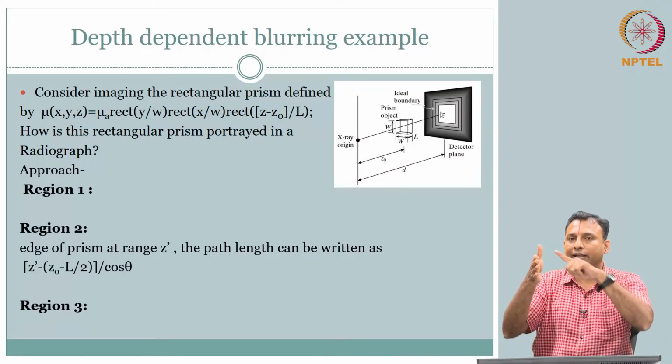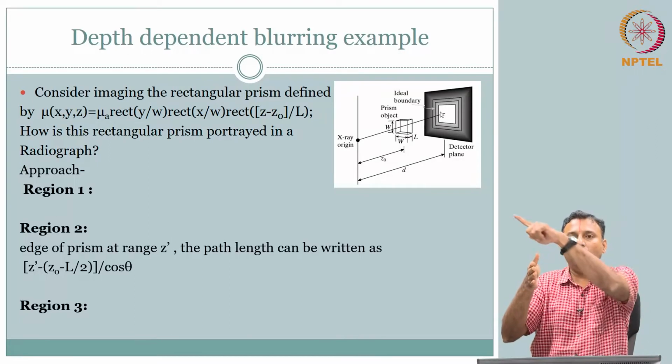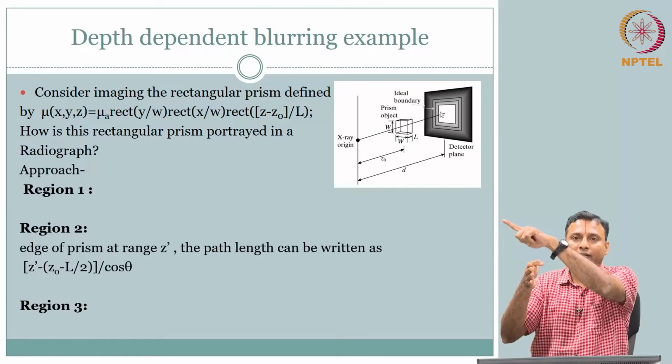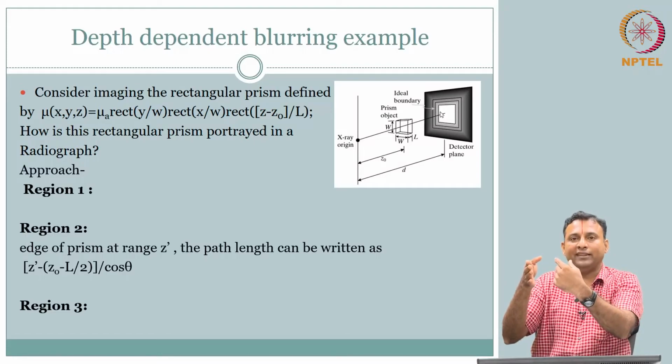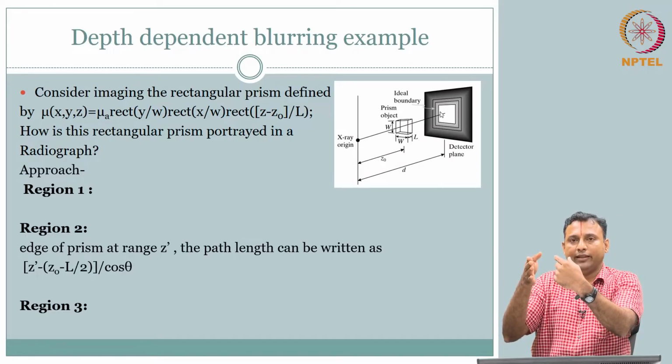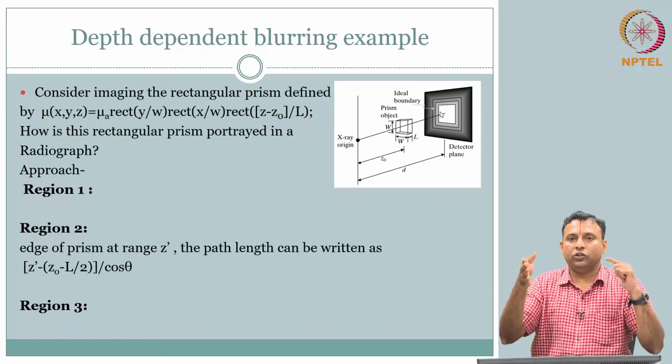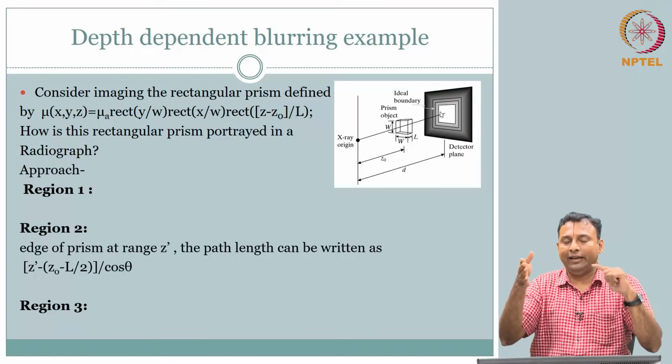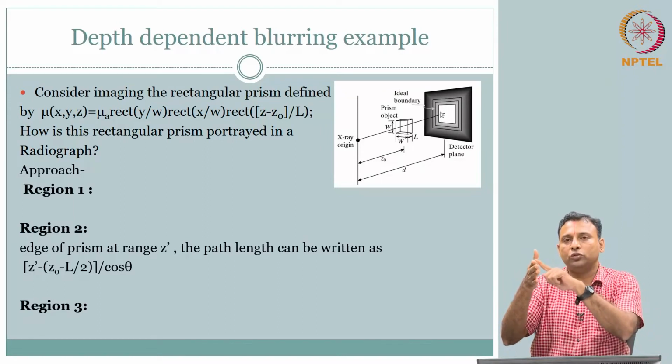They exit in between and then hit the detector. You are still going to have a value there because it is a smaller path length. So there is a partial region where the X-ray enters but does not go completely through to the back end; it exits before that.